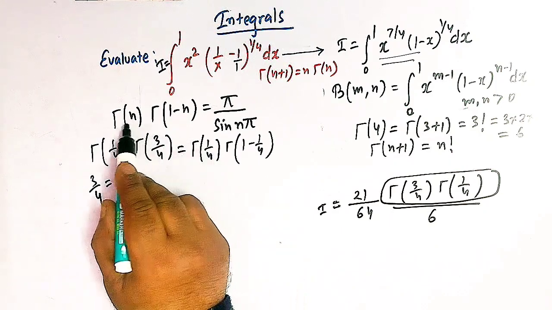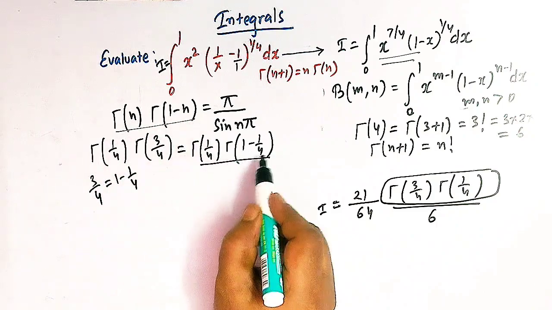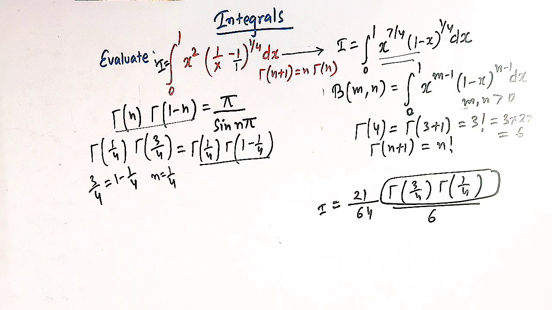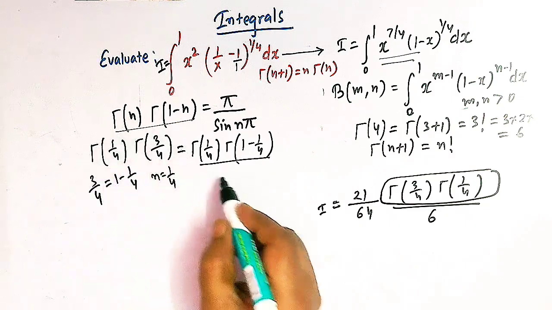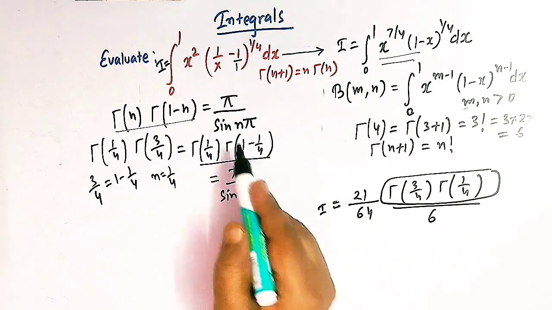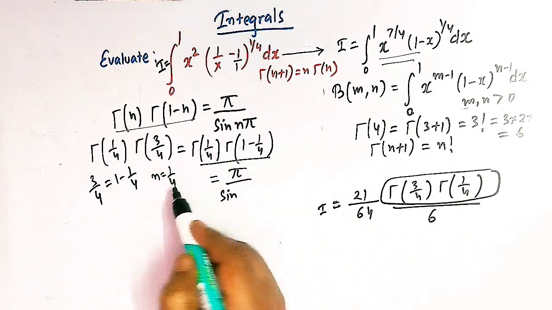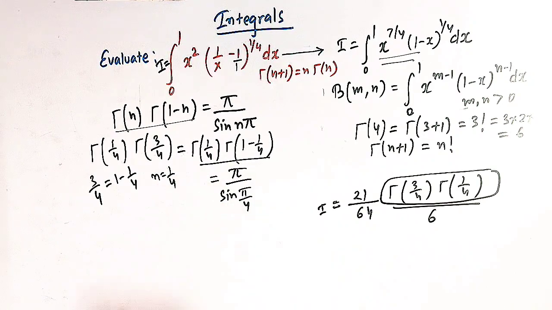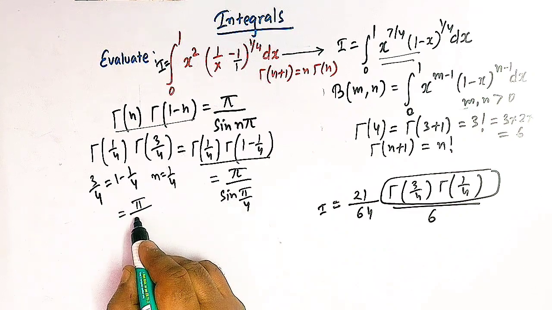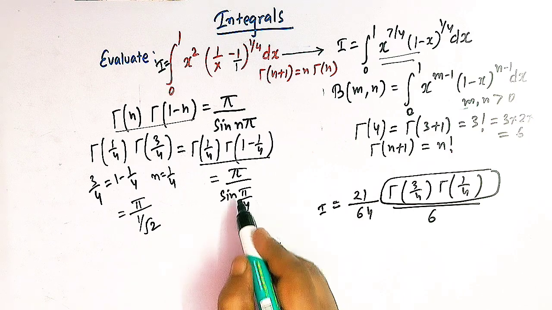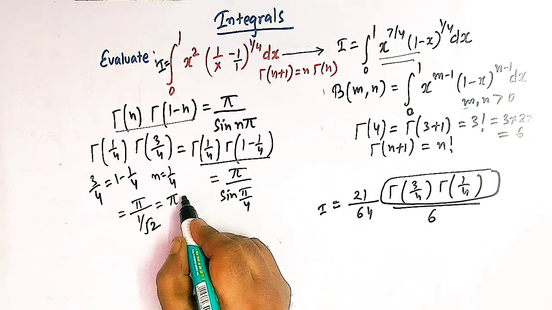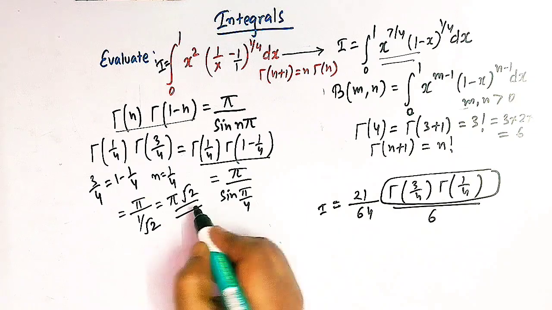So if we compare, the value of n is equal to 1 by 4, right? So this quantity is equal to pi divided by sine of n pi, where n is replaced by 1 by 4, so we have pi by 4, right? And sine pi by 4 is 1 over square root of 2, because this is sine 45 degrees. So this is now equal to pi times square root of 2.